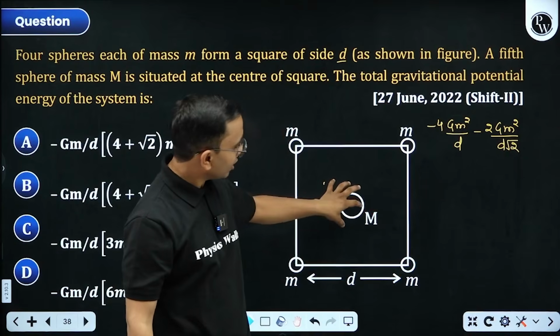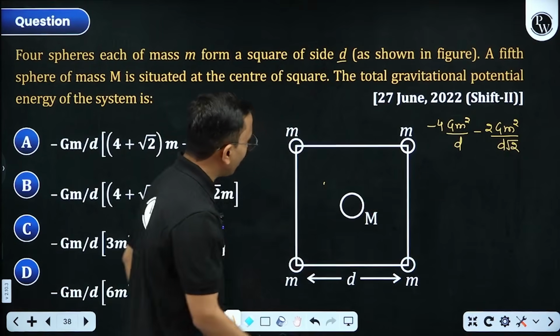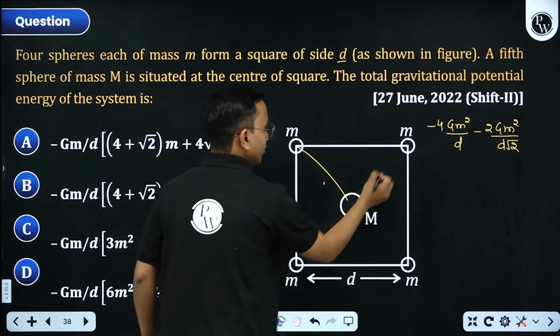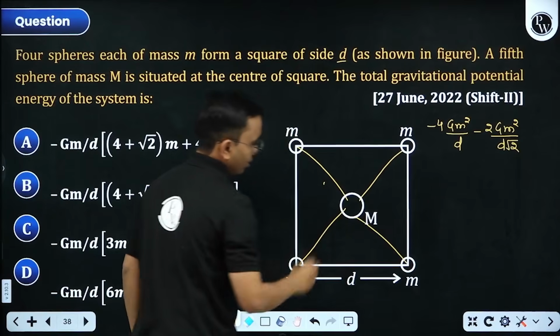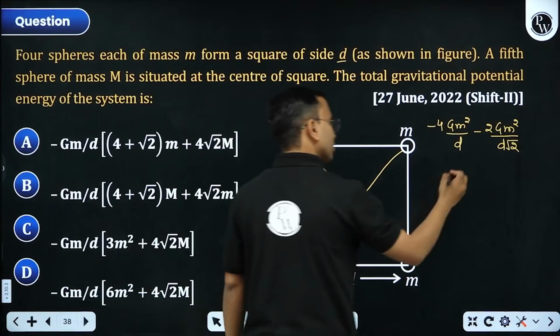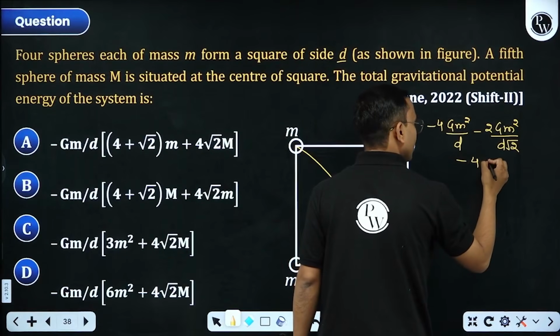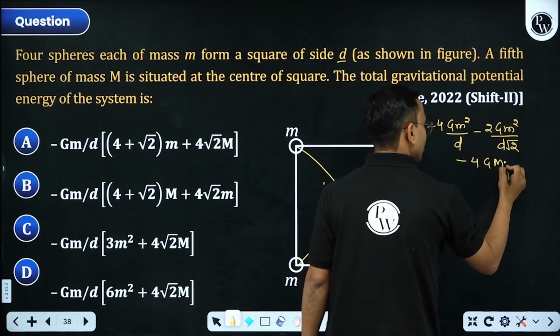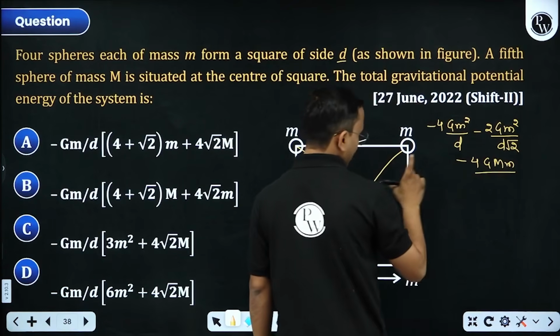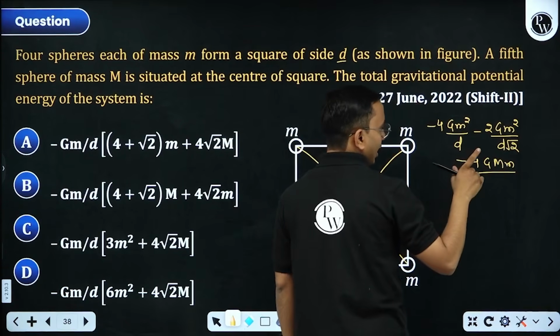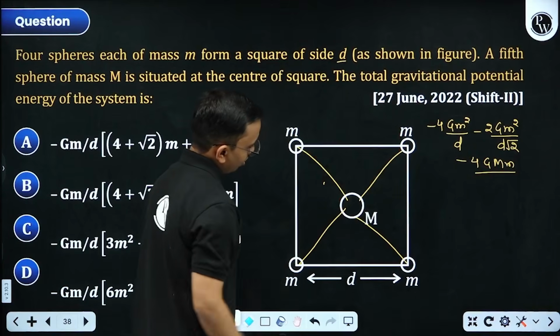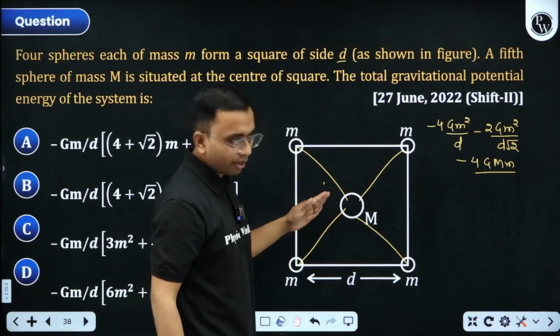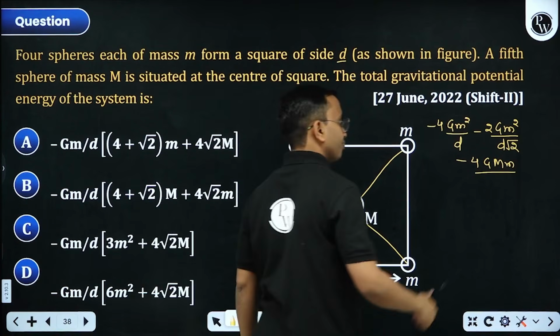Now consider this additional mass. It will have 4 pairs with each of these. So minus 4 times G capital M small m divided by the distance, half of the diagonal, so d root 2 by 2, which is d by root 2.